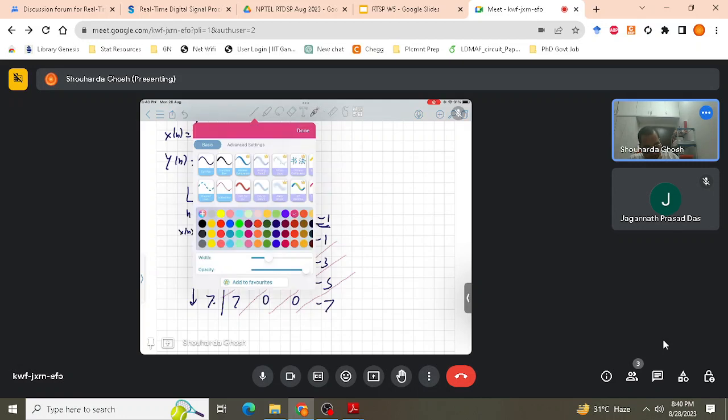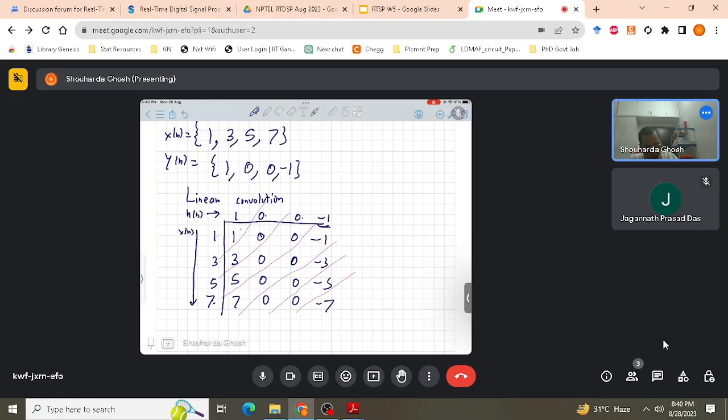Now we need to add; we have separated them into these dotted regions. From each dotted region, add all the elements present. Like in this first dotted region, there is only 1 present, so I'll write here 1. Second dotted region, there is 3 and 0, so 3 plus 0 is 3, I'll write 3. Then 5 and a 0 and a 0, so that's 5.